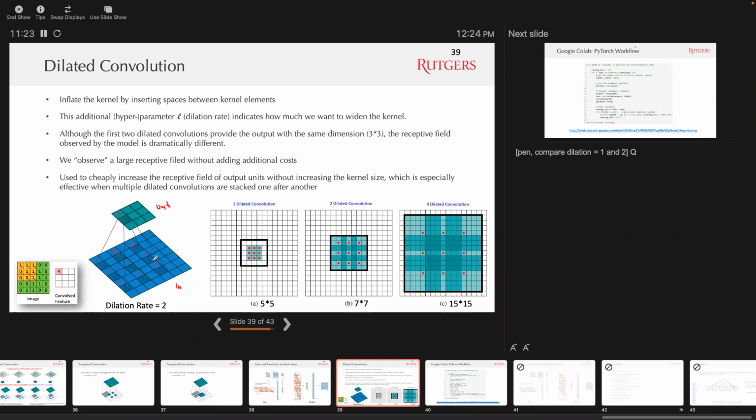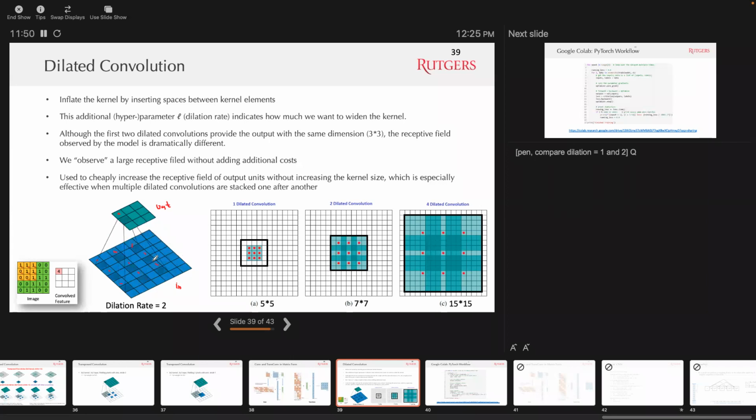Now this is exactly what these two pictures show. This is one dilated convolution, compared to the traditional convolution. The black box shows the receptive field collectively for these 9 points, and this is the 7x7. Again, the black box shows the size of the receptive field.